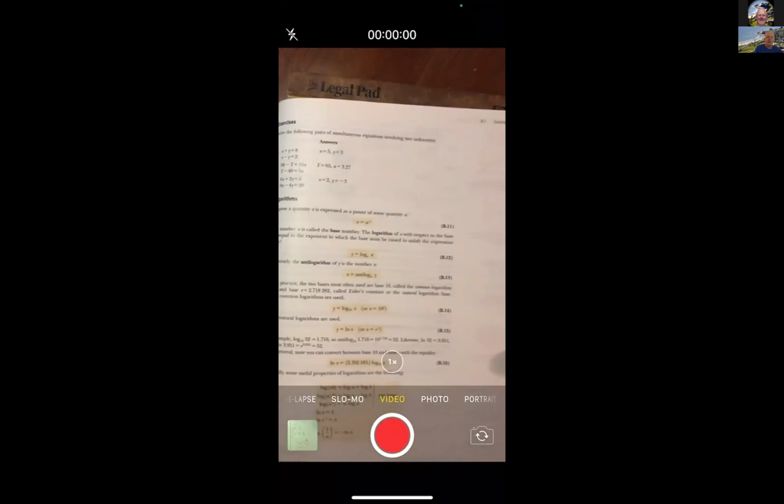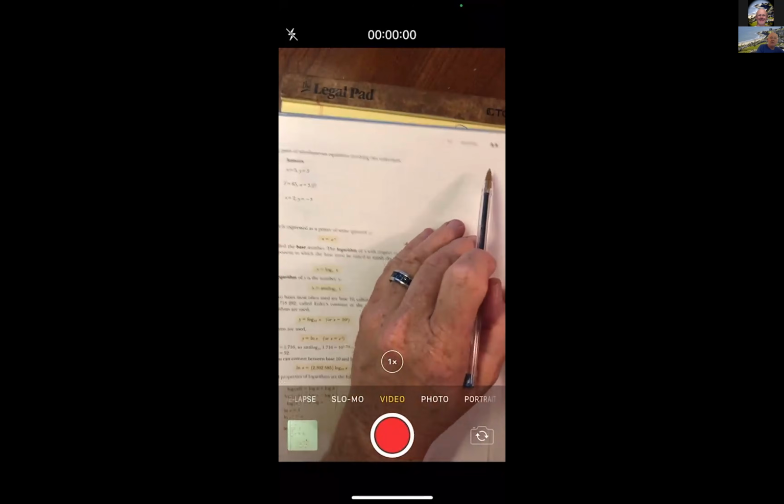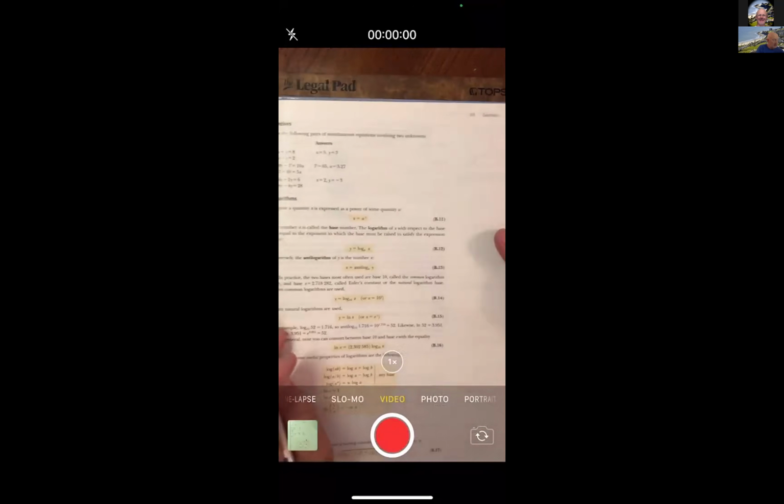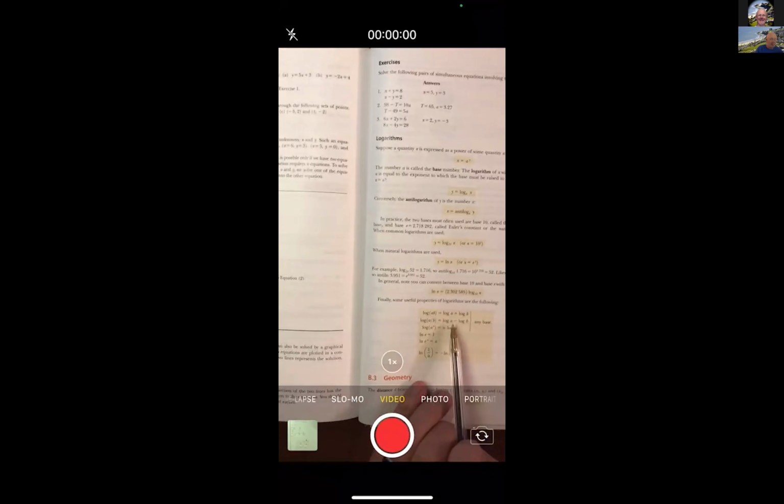Pythagorean. Oh, where are logarithms? Here are logarithms. And so I guess on page A9, the one I'm looking for is this property of logarithms.